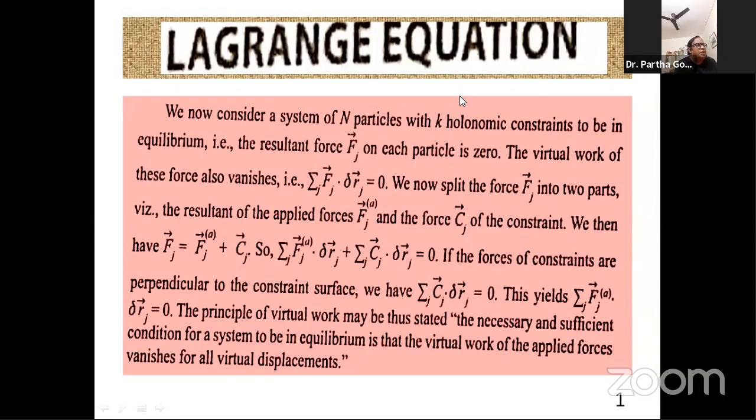For example, particles are encaged in a cubical box. While moving, particles will strike the wall, and there would be a change in momentum of the particle. The rate of change of momentum, of course, is the measure of the constraint force which the wall exerts on the particle.